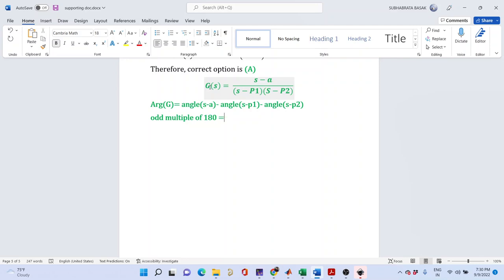If I put in a value of s very far away from the origin, it should satisfy the root locus criterion, an odd multiple of 180 degrees. So any point on the root locus, substituted into this G(s) expression, gives an angle that is an odd multiple of 180 degrees. Now as these vectors s minus a, s minus p1, s minus p2 are such that s is lying very far away, this angle would almost be equal.